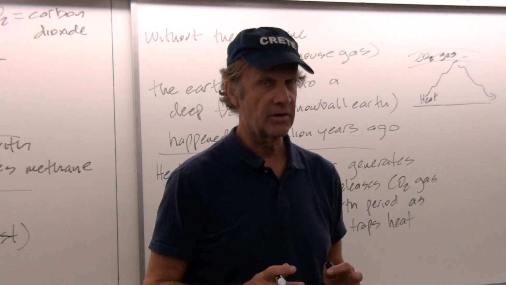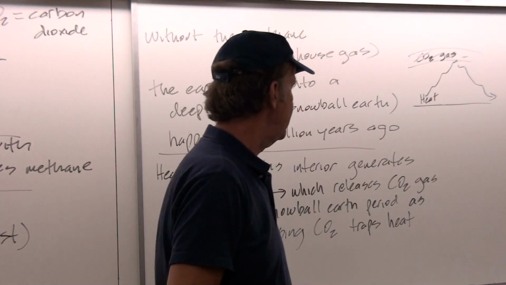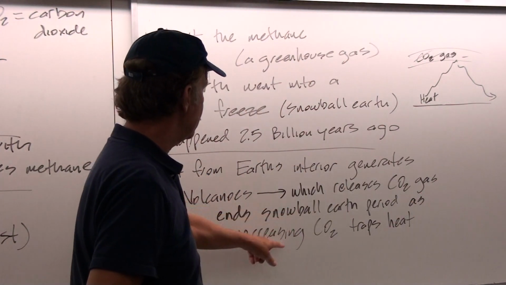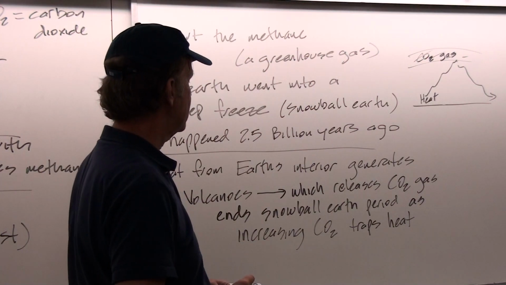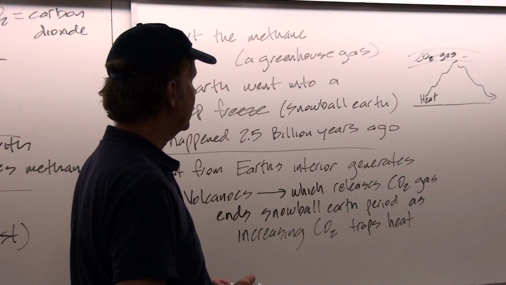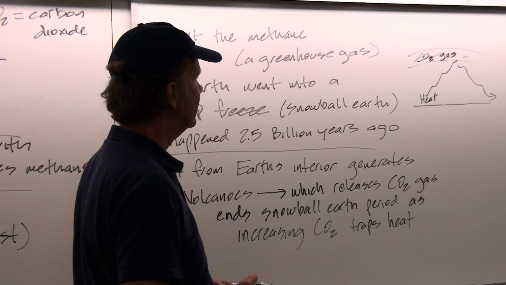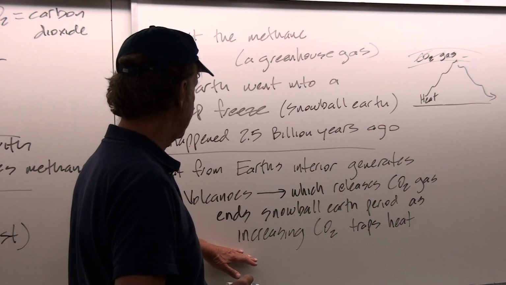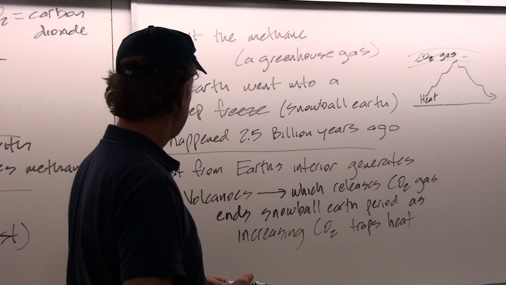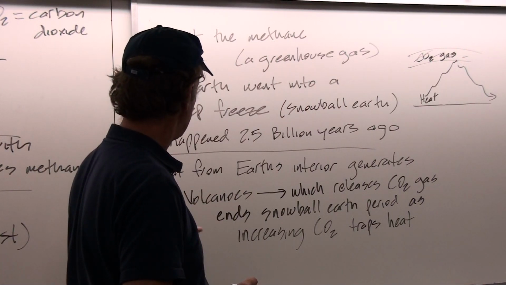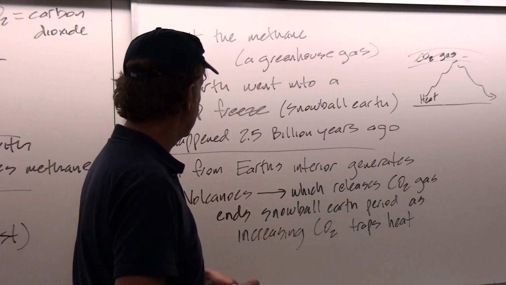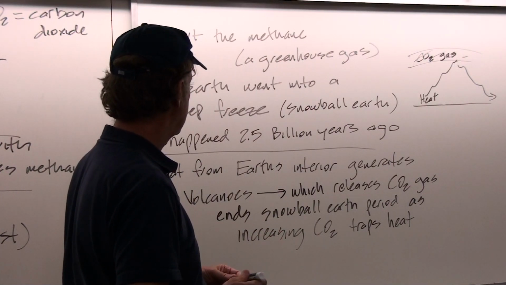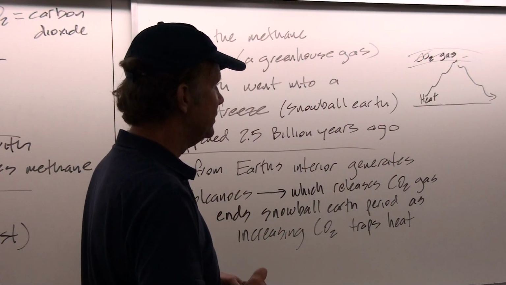So as things start to freeze, then the volcanic eruptions that occur can release the carbon dioxide gas. The carbon dioxide gas can then hold in the heat, and that can melt the ice. Okay? So that is one of the results of the heat being released from the Earth's interior.